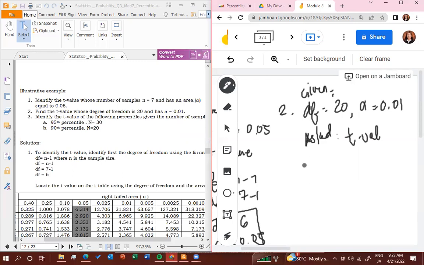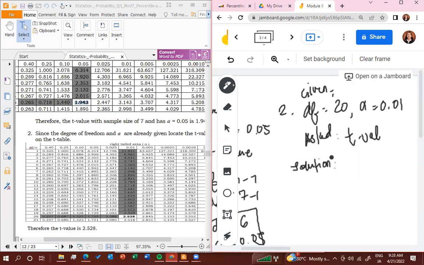The solution is that we just look at the table, since we're given the degrees of freedom and a right-tailed area. Looking it up, the answer would be 2.528.